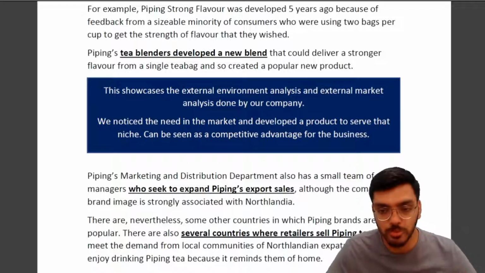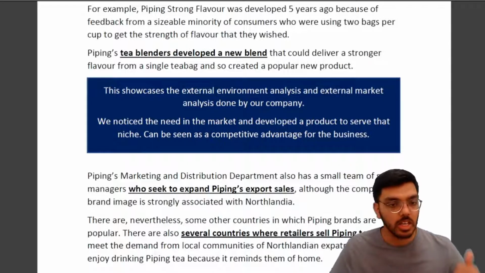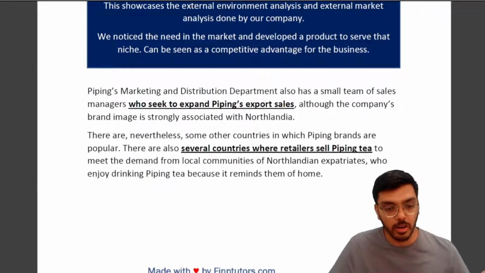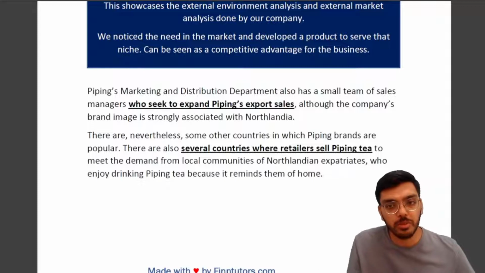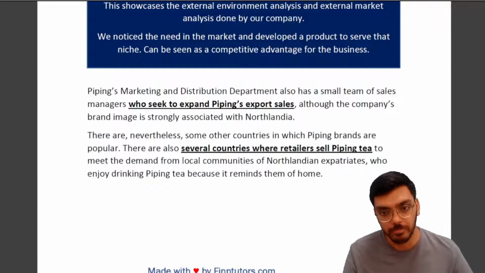Why not look at exports as a major opportunity? In our industry analysis, we've seen that there are lots of countries that have high growth rates for this popular tea market. There are nevertheless some other countries in which Piping brands are popular. There are also several countries where retailers sell Piping tea to meet the demand from local communities of Northlandian expatriates who enjoy drinking Piping tea because it reminds them of their home.